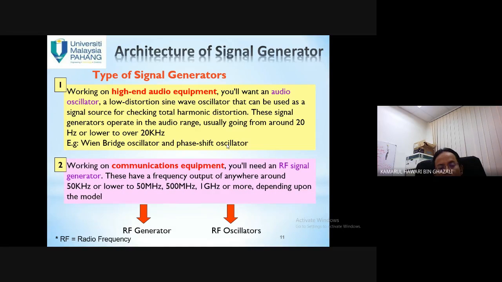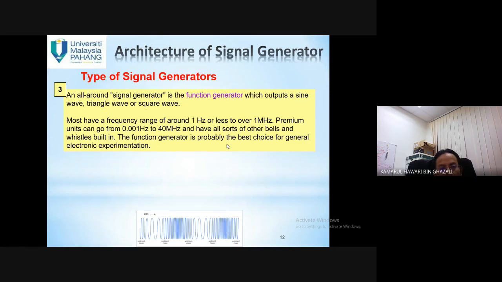If you are working on communication equipment, then you need an RF signal generator. These have a frequency output from 50 kHz or lower, 250, 500 kHz, 1 gigahertz or more depending on the model. The all-rounder signal generator is the function generator, which outputs a sine wave, triangle wave, or square wave.